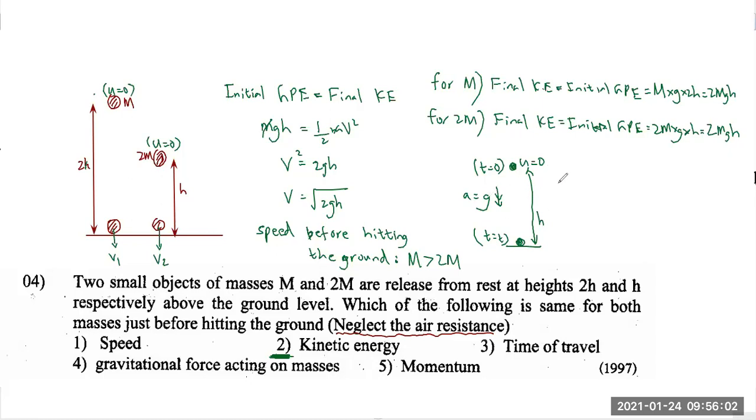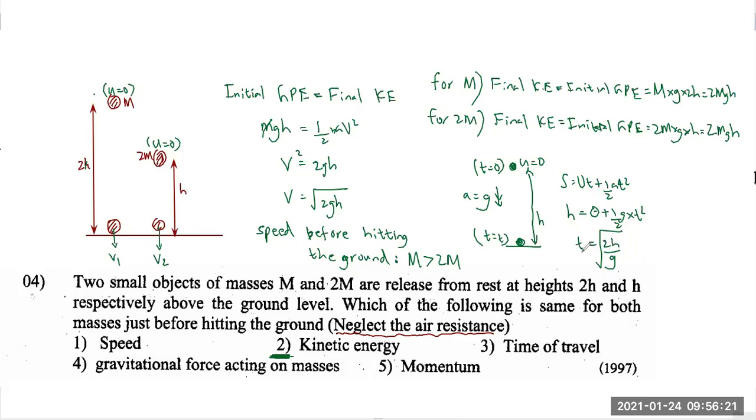Therefore, you can apply the equation s equals ut plus half at squared. So s is the displacement h, initial velocity is 0 plus half into g into t squared. Therefore, you can see t squared will be equal to 2h over g, and to find t, you have to take the square root.